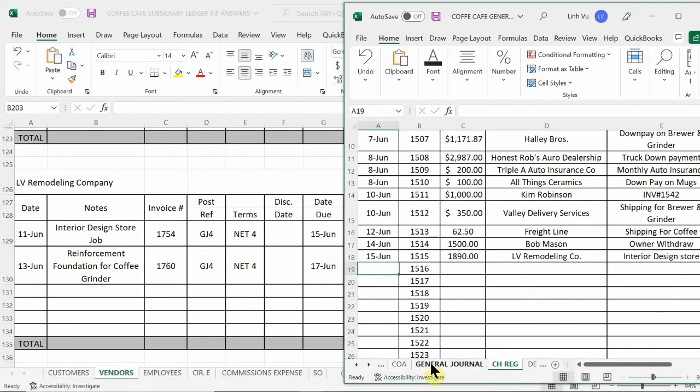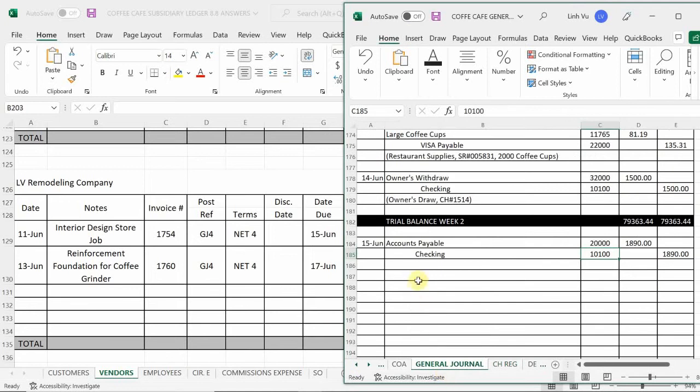How do you want to notate your transaction? The transaction would be noted as LV Remodeling, the check number used, the invoice number used, and paid for a job.